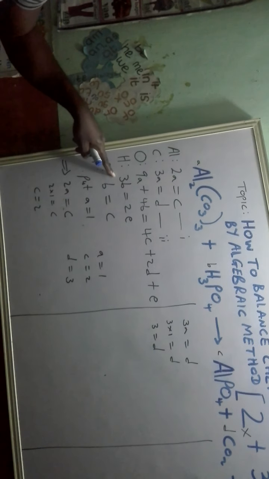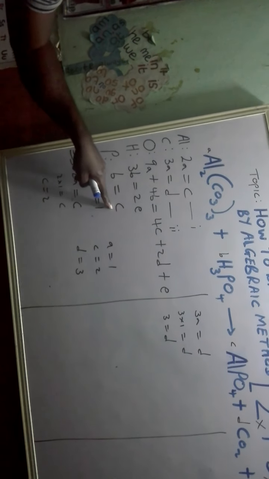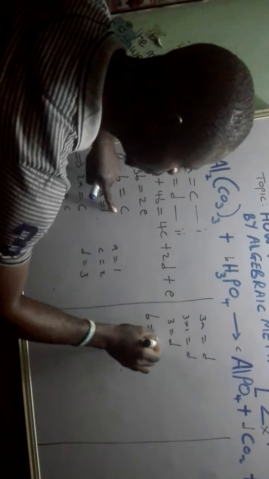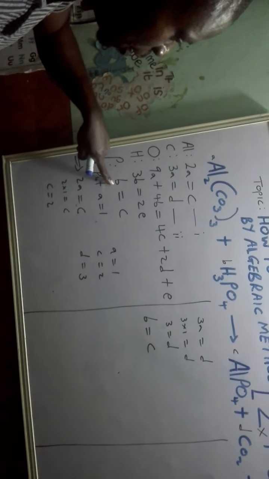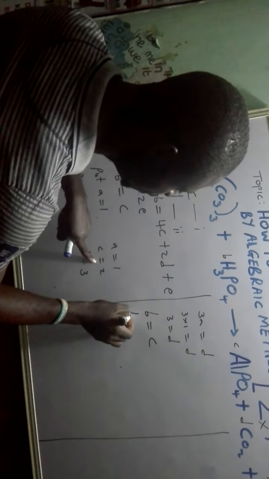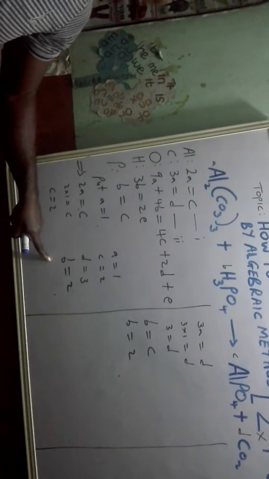So we need B. But here, we have B is equal to C already. Did you see? And we have gotten C to be 2. So definitely B is 2 as well.